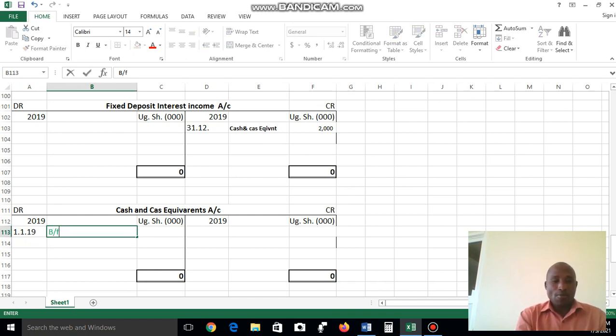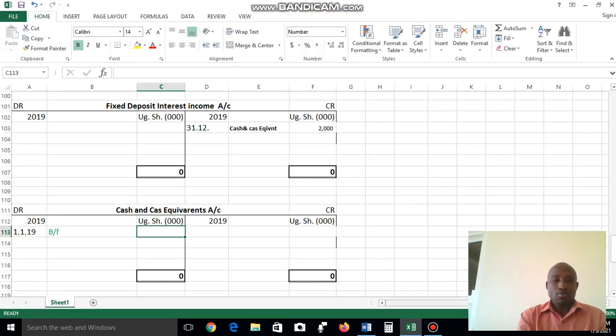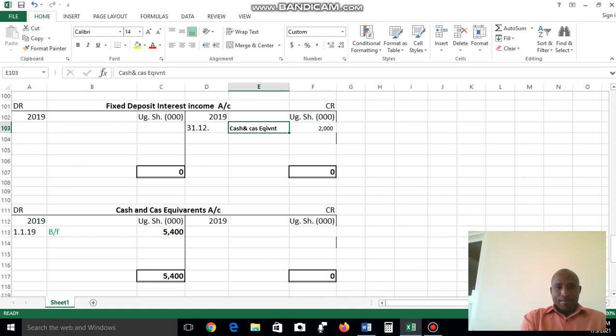There is a brought forward of cash and cash equivalents. So let us extract this. Our cash and cash equivalents are here, 5,400,000. So we say 5,400,000, recognized before. This was a balance brought forward according to cash and cash equivalents.